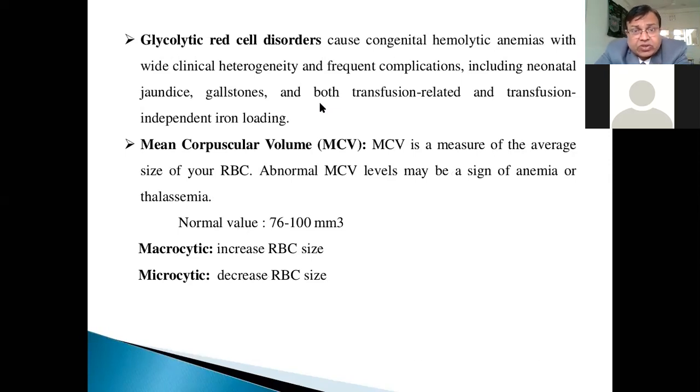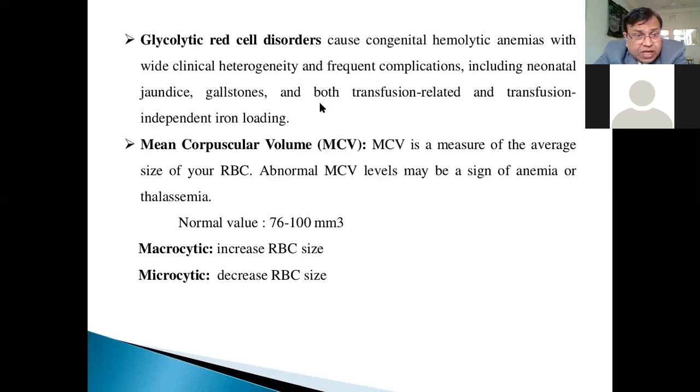Glycolytic red cell disorder causes congenital hemolytic anemia with wide clinical heterogeneity, and frequent complications include neonatal jaundice, gallbladder stones, and both transfusion related and transfusion independent iron loading. So these are the factors which cause glycolytic red cell disorder.